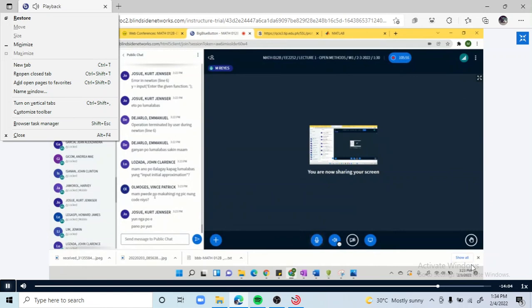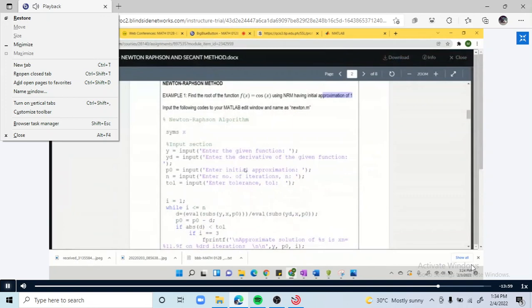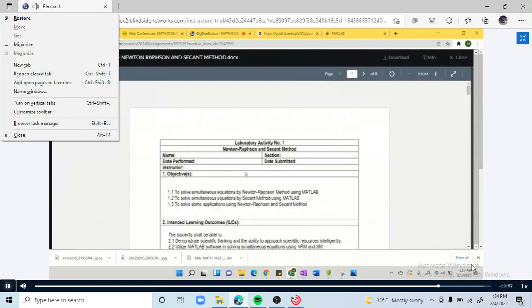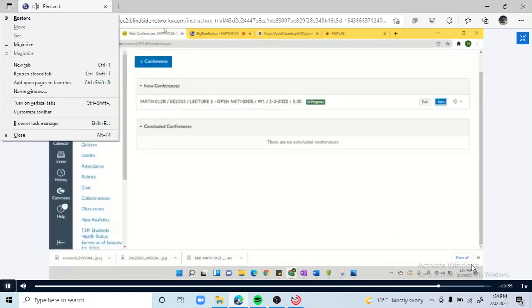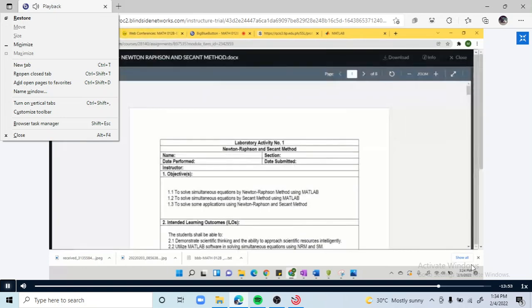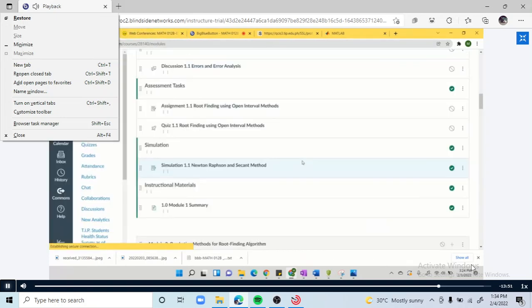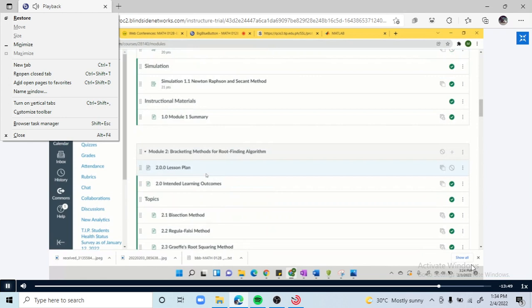Ma'am, pwede ba makahingi ng pic ng code nyo? Code ko. Ito nga, yung code, nandoon siya sa activity sheet. Ito yun, oh. Nandito siya. Ito na siya. Pinublish ko na, sa simulation 1.1 Newton Raphson and secant method.